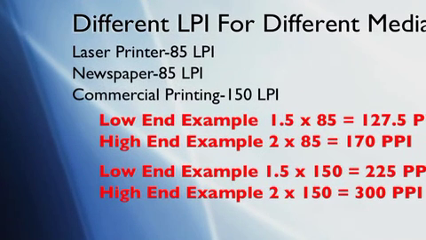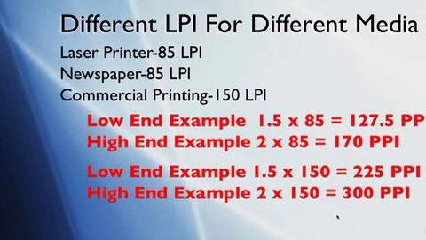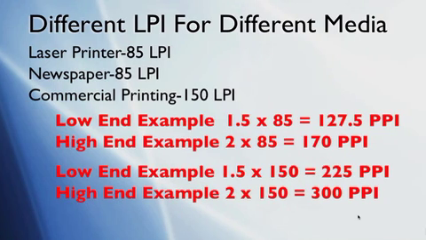Very simply put, remember 1.5 to 2 times the LPI. So here I've got on the low end 1.5. Let's just say we're printing to a laser printer in the office, or in fact creating an ad for the newspaper. So the low end, 1.5 times 85 is 127. Essentially, we're rounding it off, pixels per inch.